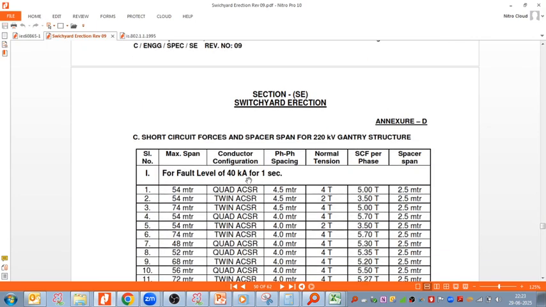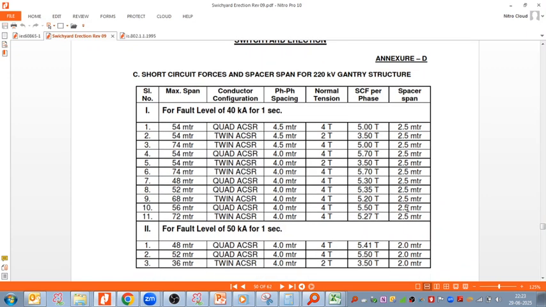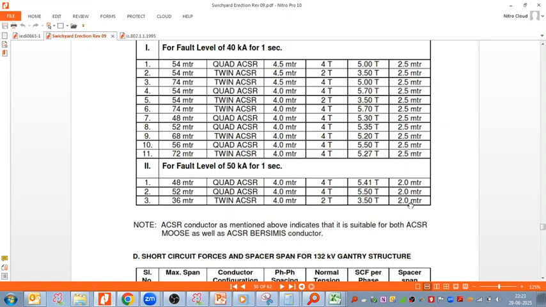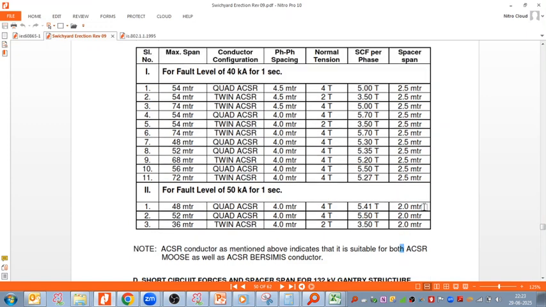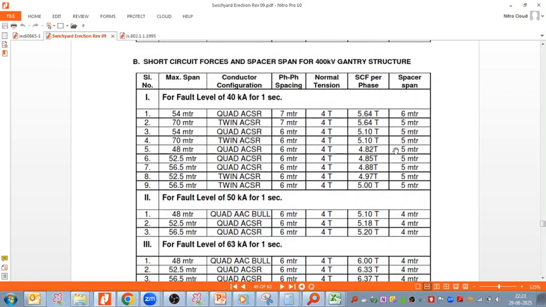For 220 kV, yeah, 2 meter is fine, because 2.5 meter we take, so 2 meter. They just mentioned it directly, there was no background, nothing, that's it. Anyway, this is the reference that you can take, Ashwin. Generally most engineers will take 2 meter, 2.5 meter. So this is your reference for the spacers.